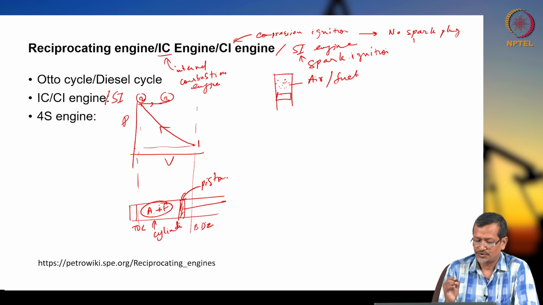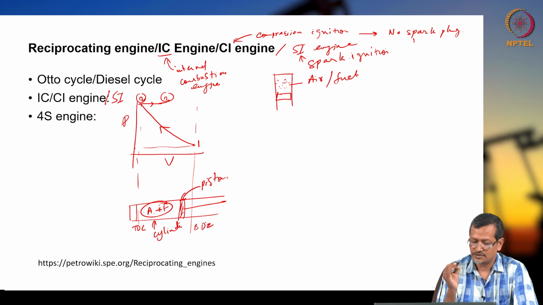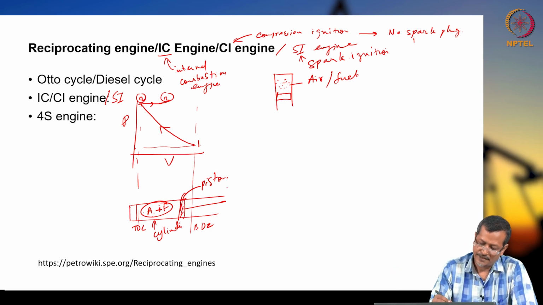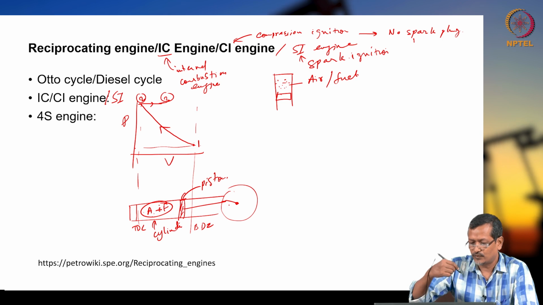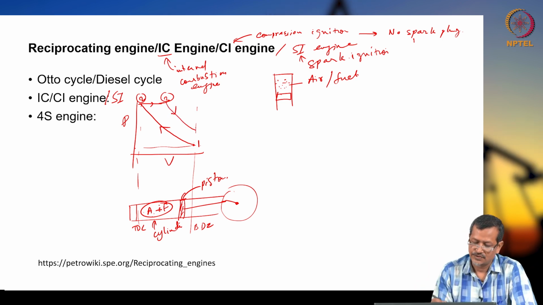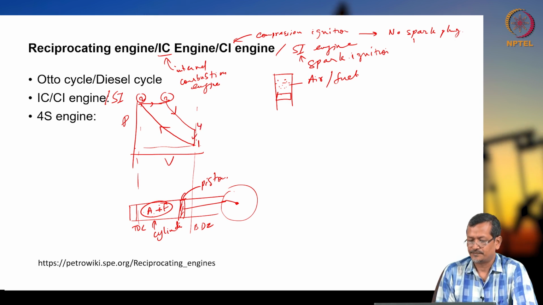Then 2 to 3, combustion will be happening, so there a little bit of volume also will be increased, so the piston will be moving rightward. Then your crank is connected here, so the crank will get power. So the gas will be expanded, 3 to 4.